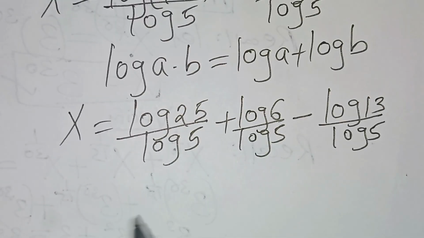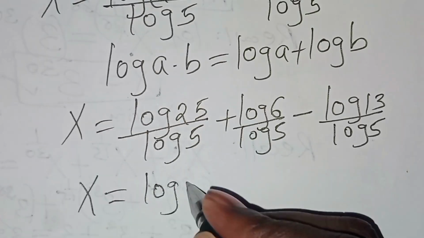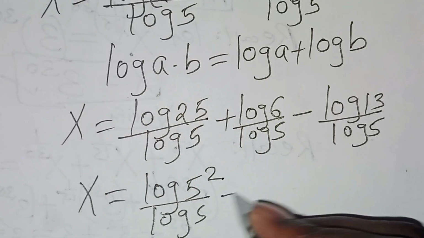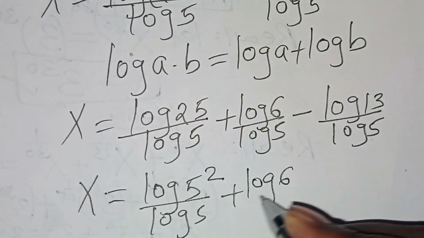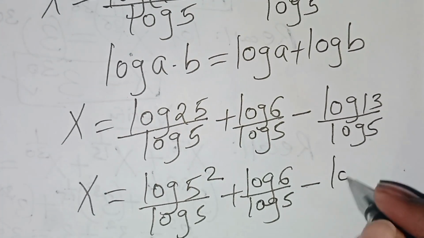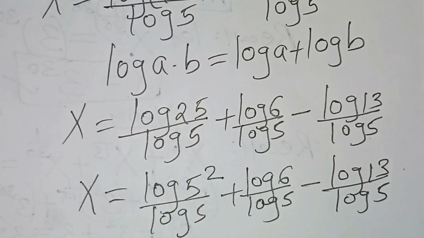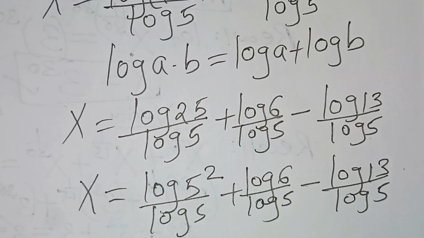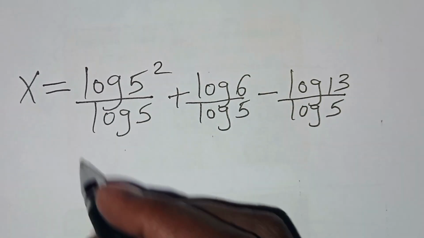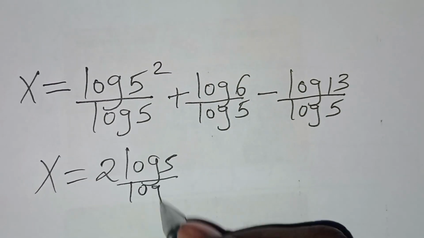Now from here, we have x equal to, now log 25 can be expressed as log 5 to the power 2, divided by log 5, plus log 6 divided by log 5, subtract log 13 divided by log 5. So let's proceed from here. Now applying the power rule property of logarithm, we can express log 5 to the power 2 as 2 log 5 divided by log 5.